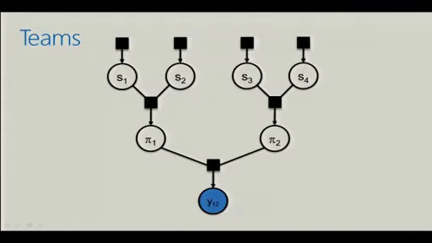Similarly, you can use teams for this as well. So players 1 and 2, S1 and S2, combine, and they have a performance P1, and player 3 and player 4, S3 and S4, are the second team. And again, you can observe the outcomes, and again, update the skills in a similar way.